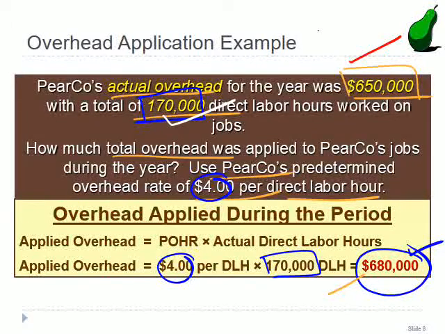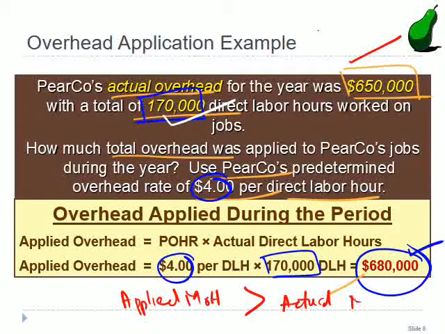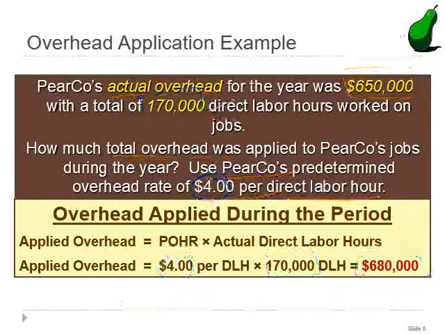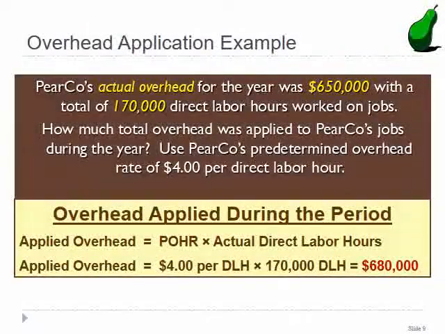So the problem is that applied manufacturing overhead is greater than actual manufacturing overhead. So this is a case of over applied manufacturing overhead. So how to solve this?